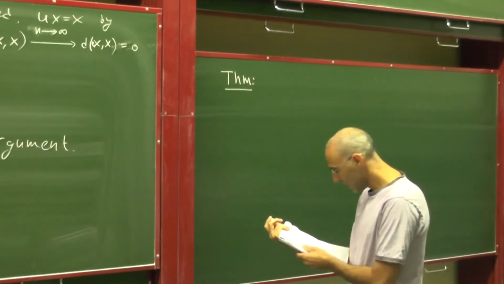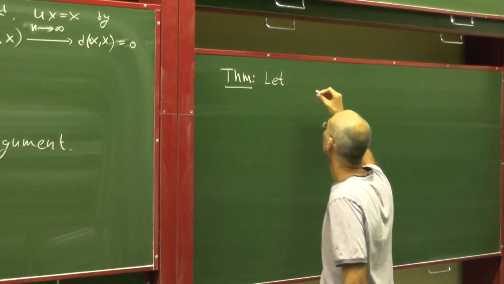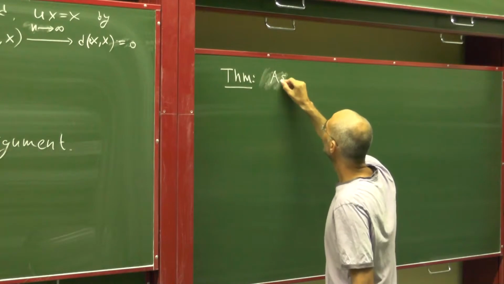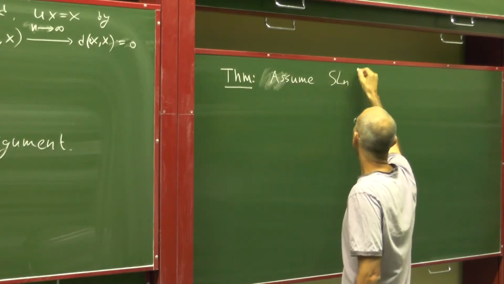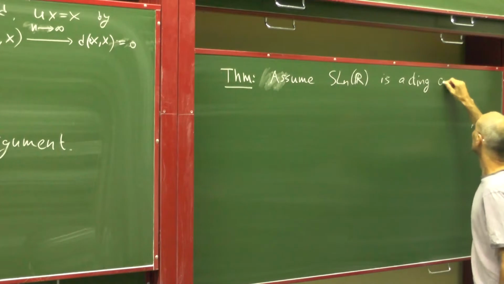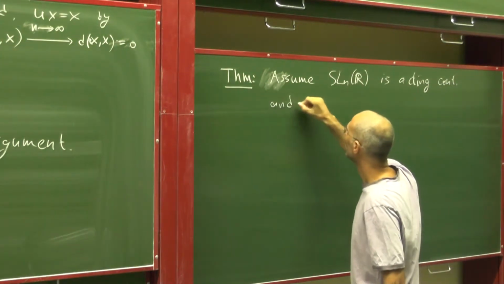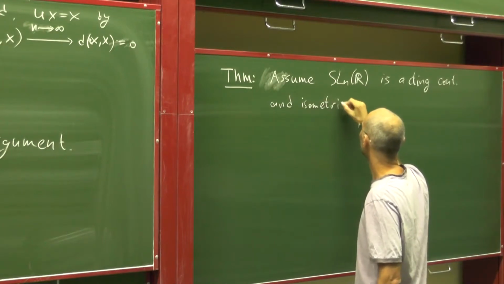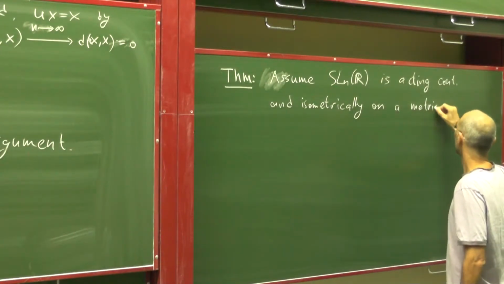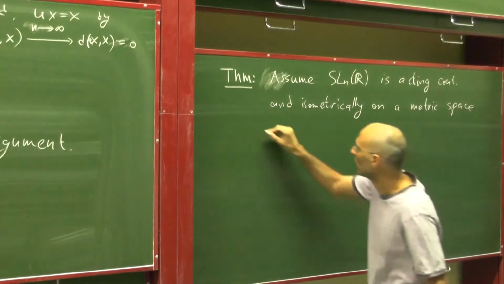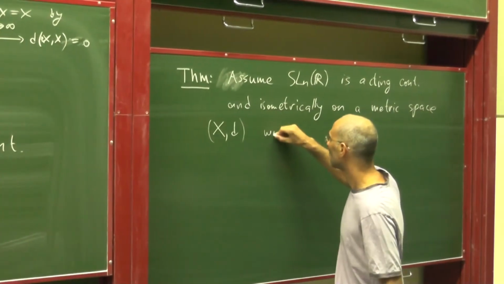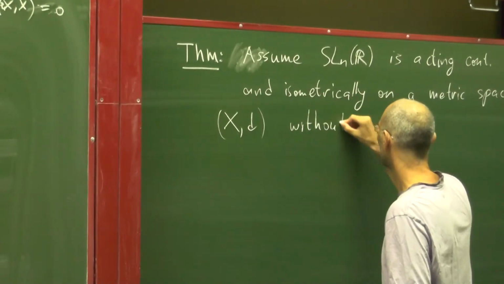Let us assume SL_n(R) is acting continuously and isometrically on a metric space (X, d), and assume further that the action is without fixed points.